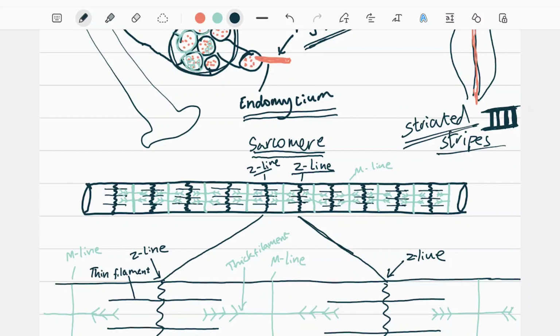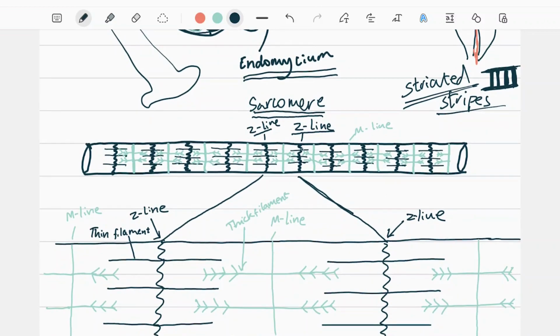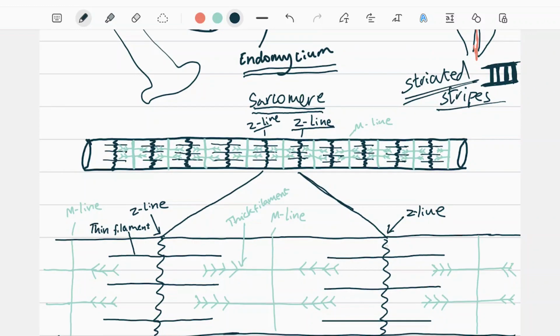So you have these Z lines one after the other, and you have these proteins, organized in a structural matrix, which constitute what we call the thick filament and the thin filament. And so you can see these zigzag lines, Z lines, which I have drawn.